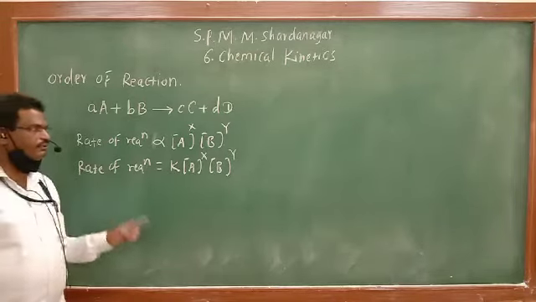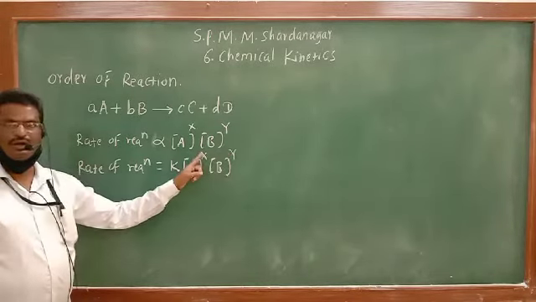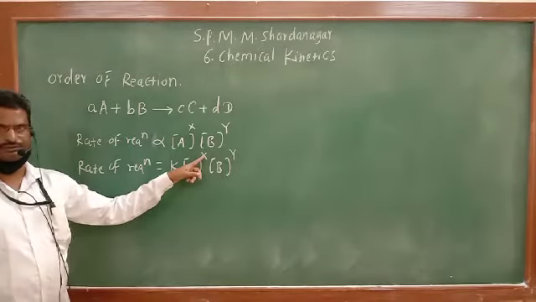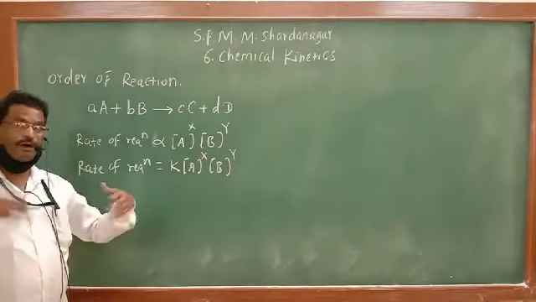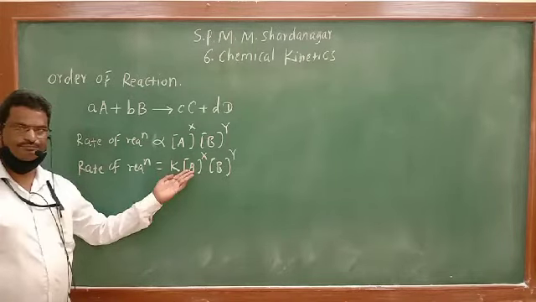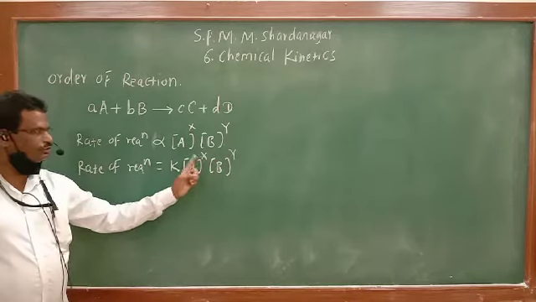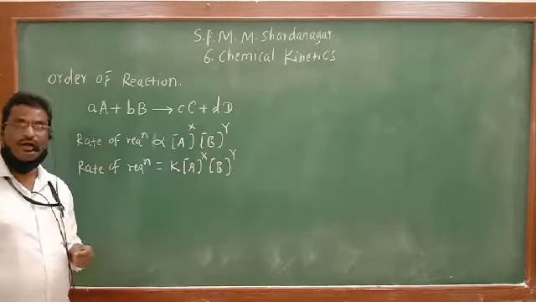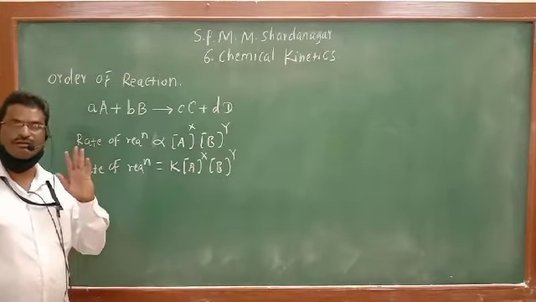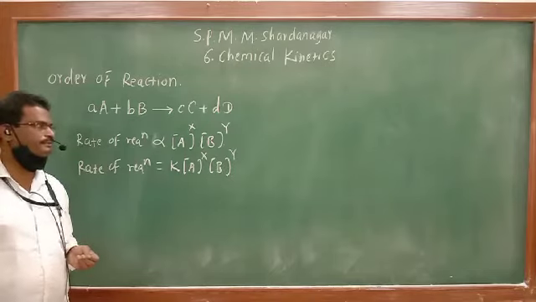In this rate law equation, x and y are exponents. Exponents means these are the powers. x is the power of A, y is the power of B. So x and y are known as exponents, or powers.